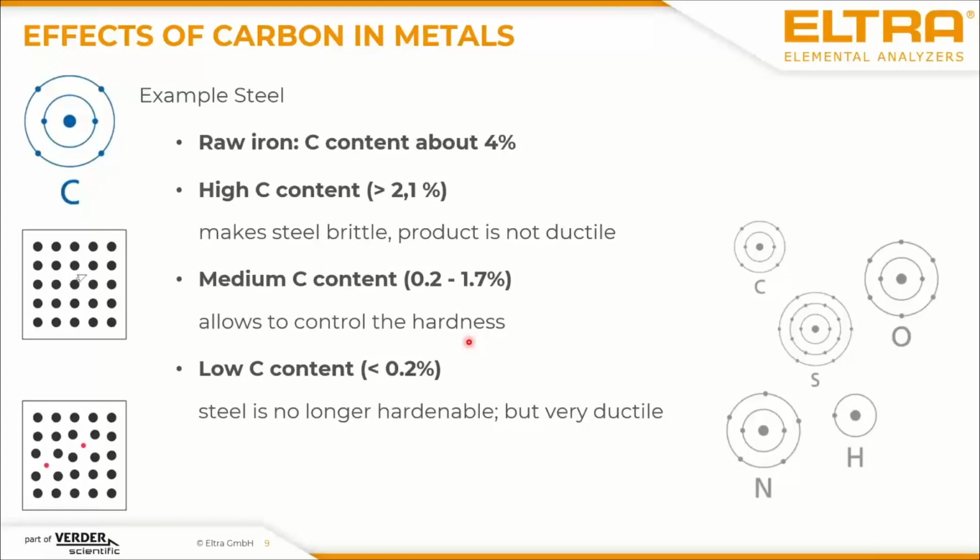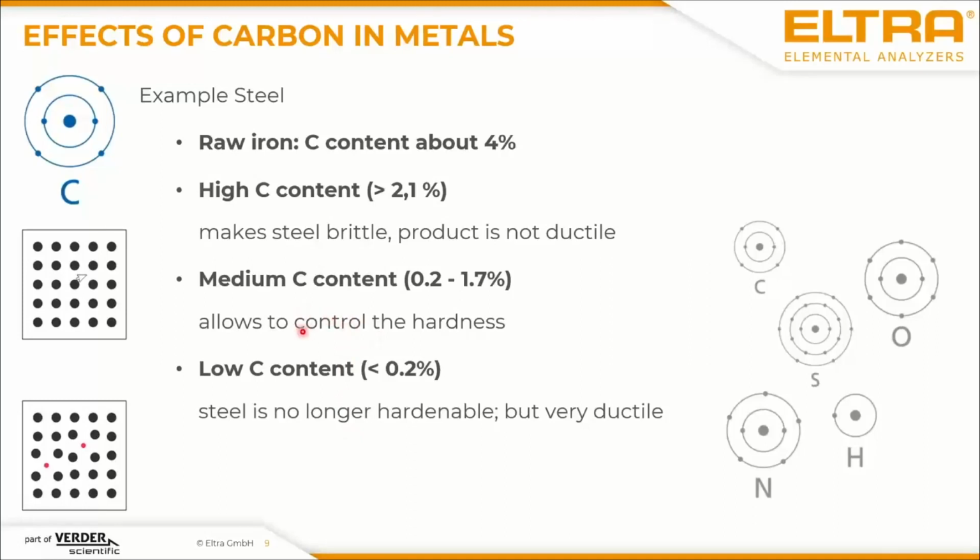By controlling those parameters. If you have a very high carbon content, for example, the steel will be brittle. The product is not ductile at all and is very difficult to handle or to work with. If the carbon content is too low, the steel is quite soft and cannot be used, for example, for a key or for a knife, which should also be hardenable.